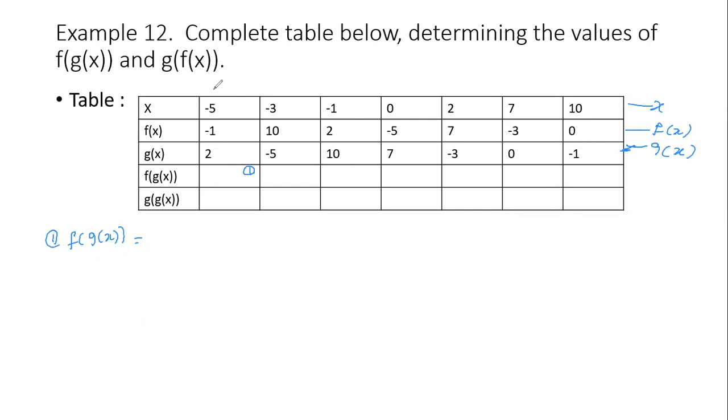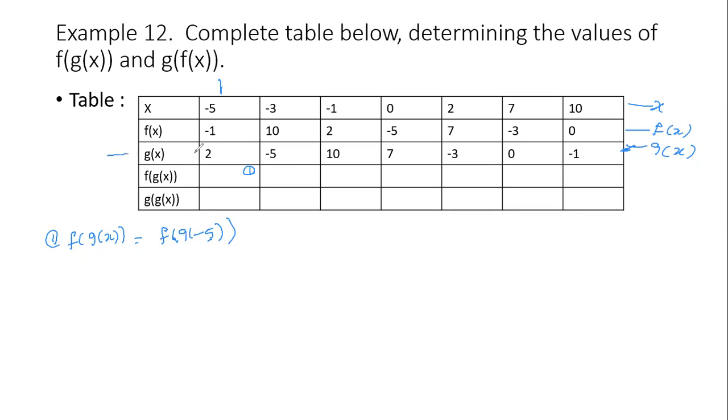In the first column, x is -5. So when we calculate f of g of x, this means f of g of -5. Now let's see if we have g of -5. The g row is here.